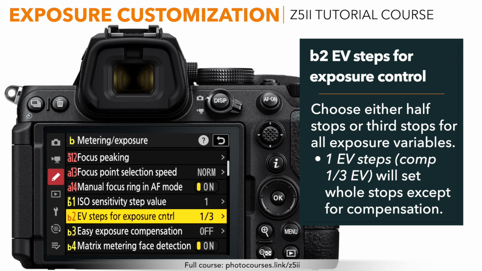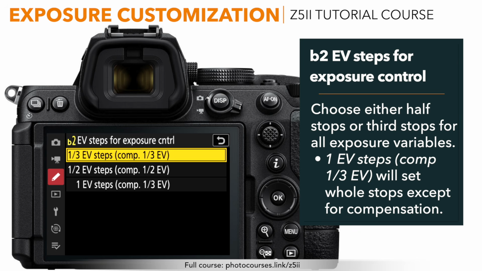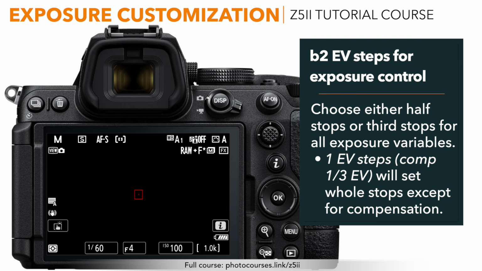In EV steps for exposure control, you'll choose whether you adjust your aperture, shutter speed, exposure and flash compensation, and bracketing in either third or half stops. Third stops is kind of like the standard. It allows for more precision, as we see here, adjusting our aperture and then our shutter speed.